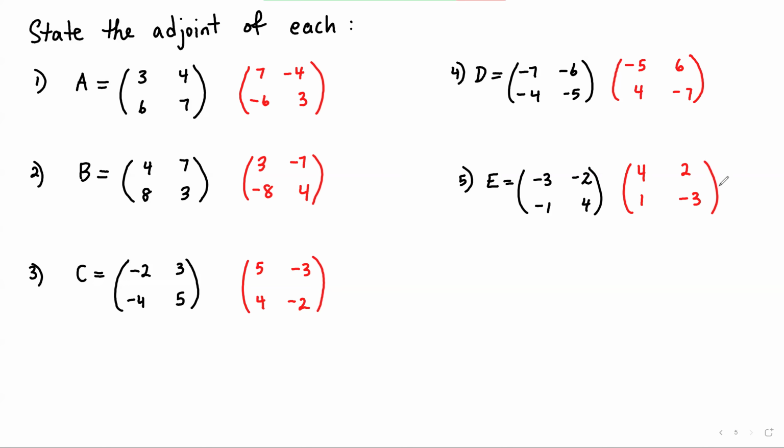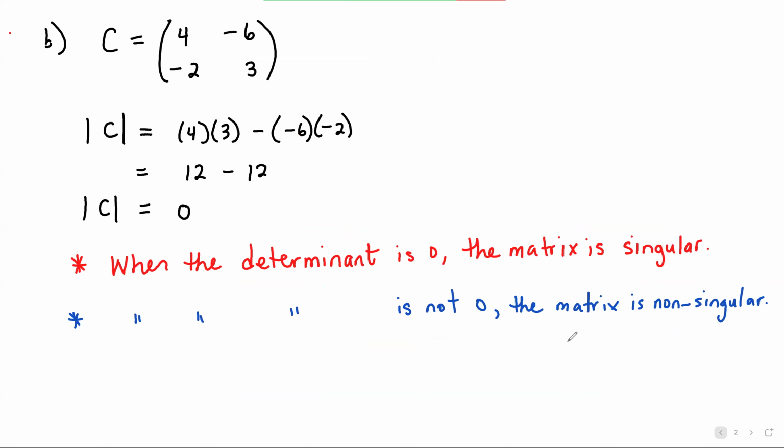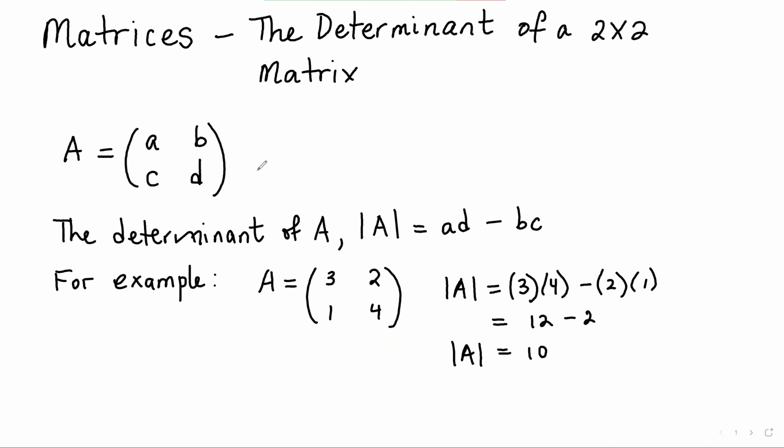So pretty straightforward, right, guys? It's just about remembering what the things mean. Like the fact that adjoint means where you swap the leading diagonal and change the signs of the remaining two. And then the determinant is when you subtract the products of the two diagonals.